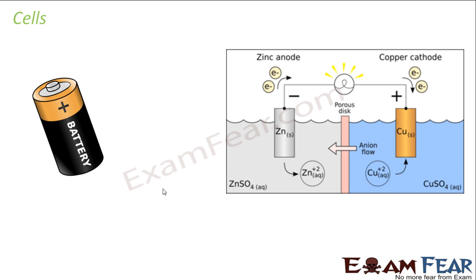But what is the mechanism inside this battery which makes it so special, or which makes it perform what it actually performs? So when we talk of that, here you see a figure which looks very complicated with so many things. This diagram basically tells you the internal structure of the battery. This is how it looks when you see it from inside.